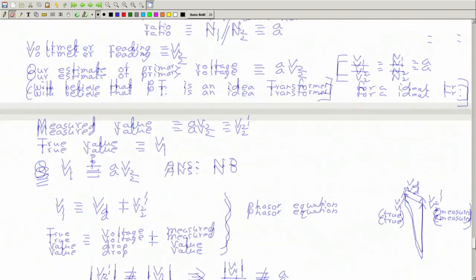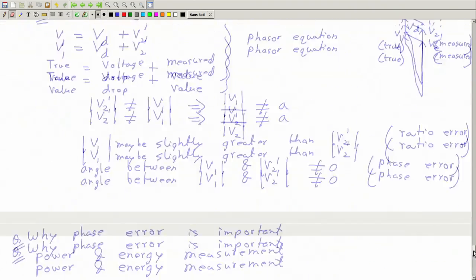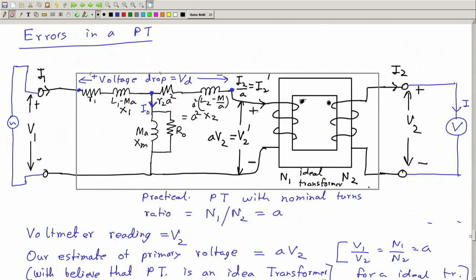For a PT we have to make these impedances small. Why? Because if these impedances are small or 0, then there will be no voltage drop here. So to eliminate voltage drop, eliminate phase error and ratio error, we have to design the PT to have these impedances very small. I forgot to tell this before.